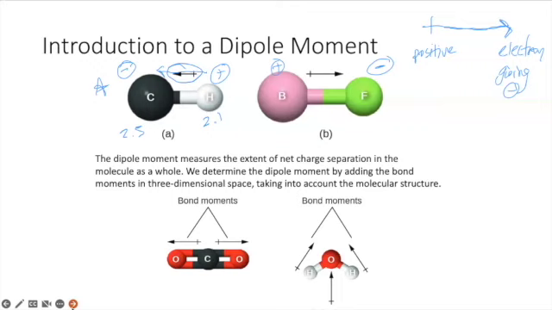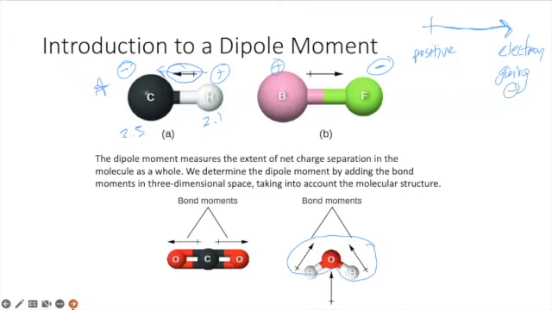I've showed you this in terms of H2O as a whole molecule, and then into just each separate bond, right? So there's dipole moments for each bond in a molecule. Here I showed you those same arrowheads for H2O, right?